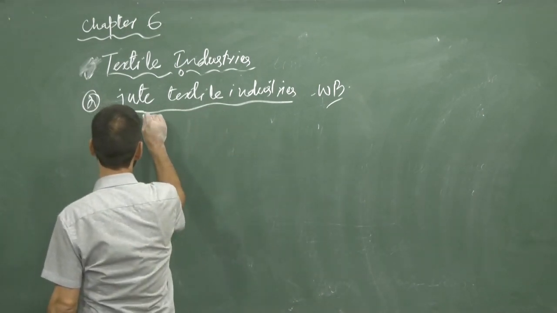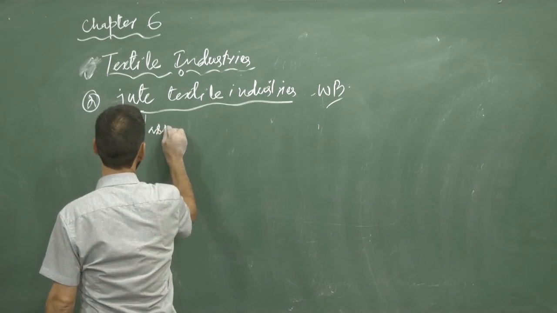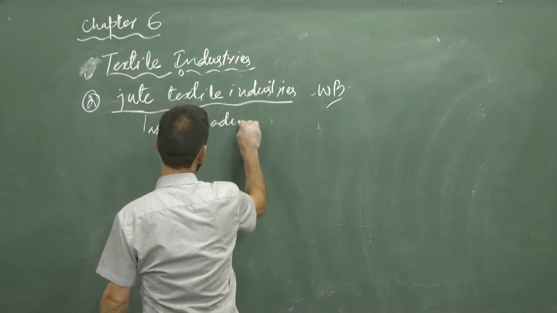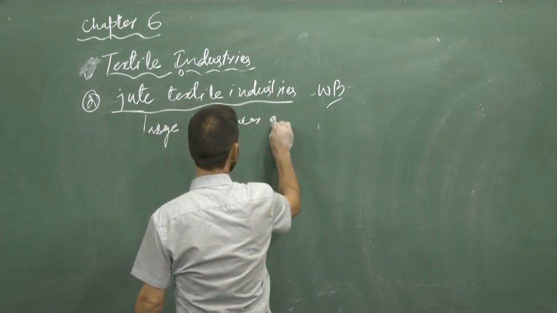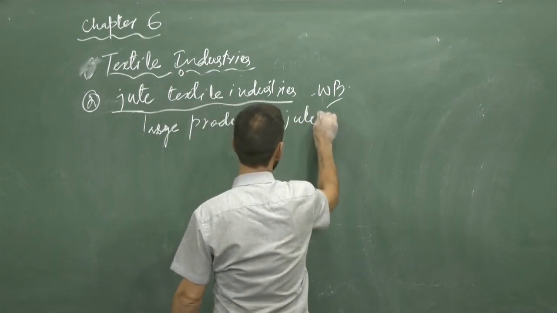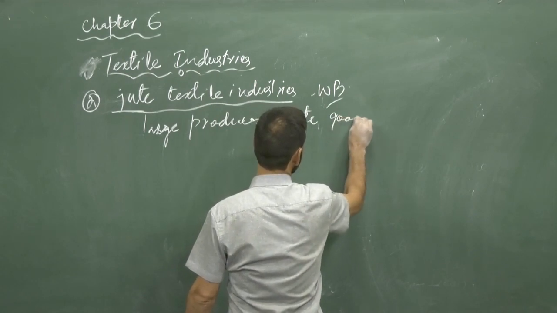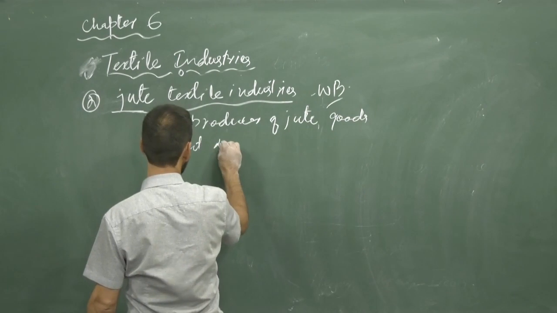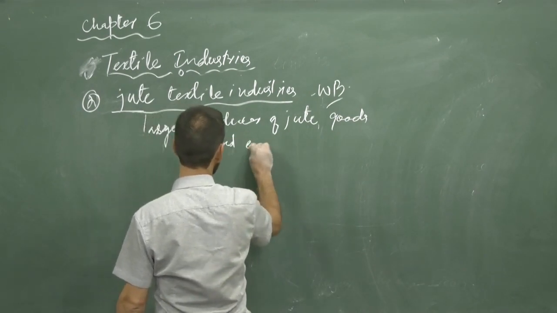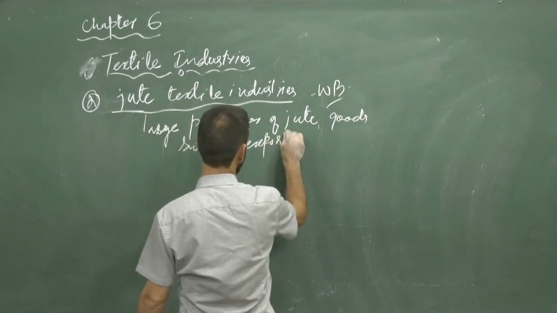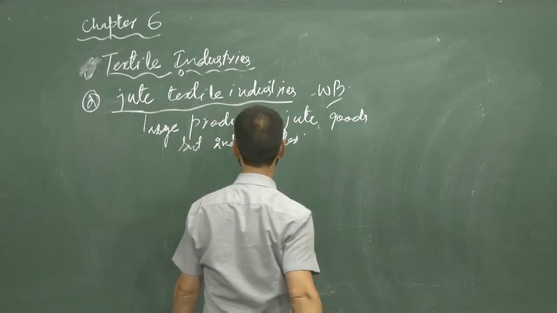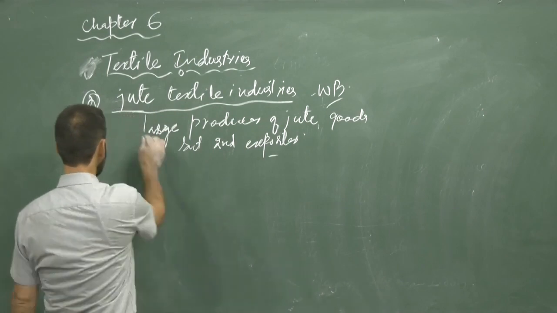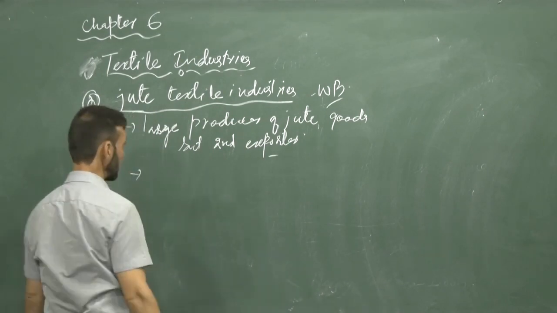A large producer of jute goods, but second exporter. Because most of the jute goods are used by people of India.